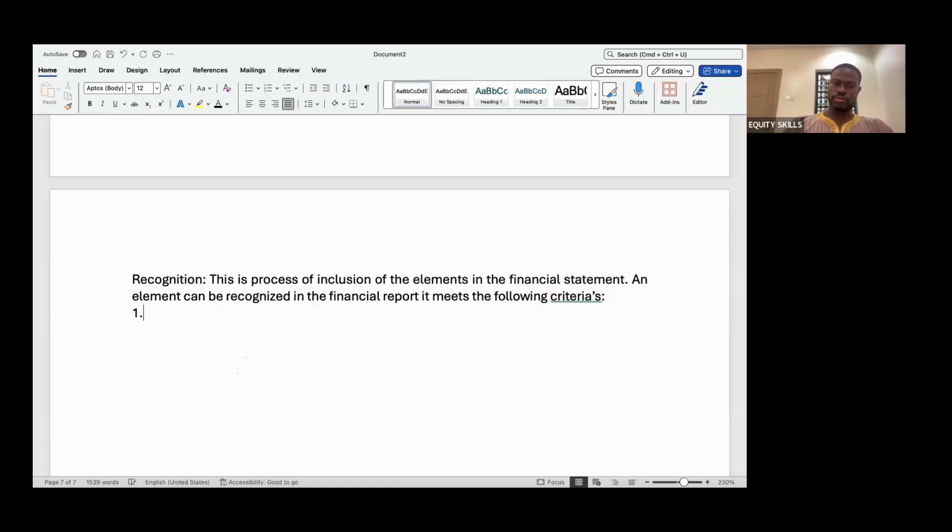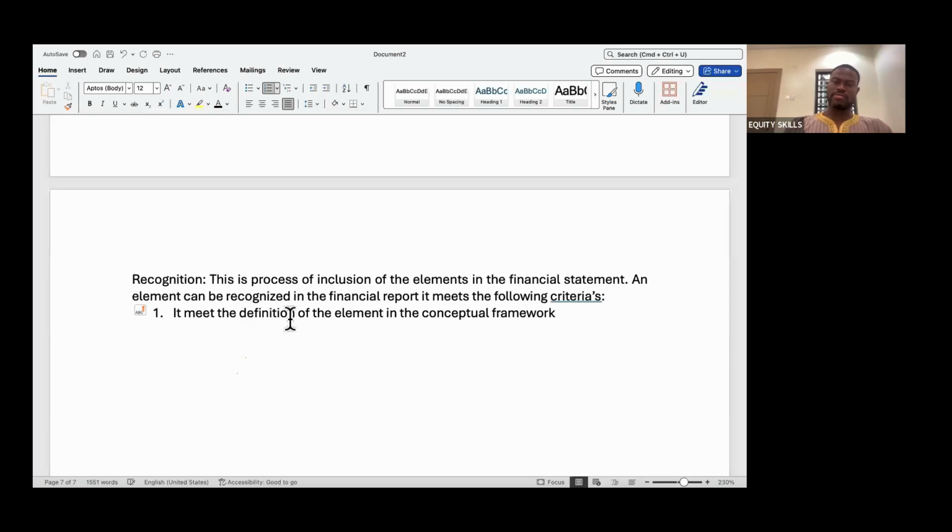Number 1 is that it meets the definition of the elements in the conceptual framework.